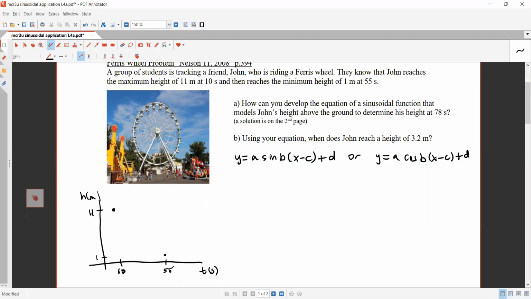But we know this pattern has to be sinusoidal. So when is going to be the next maximum? Just to show you in blue, we know it's going to look something like this kind of pattern.